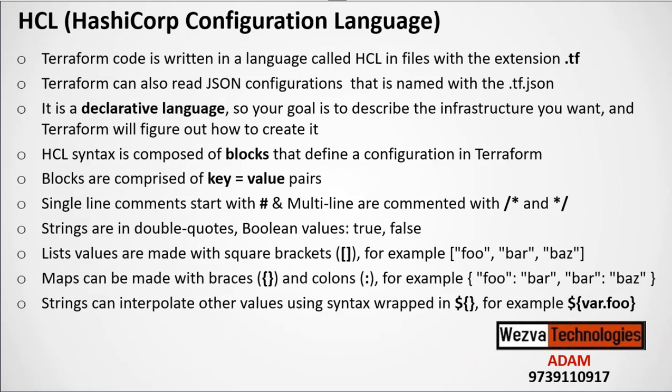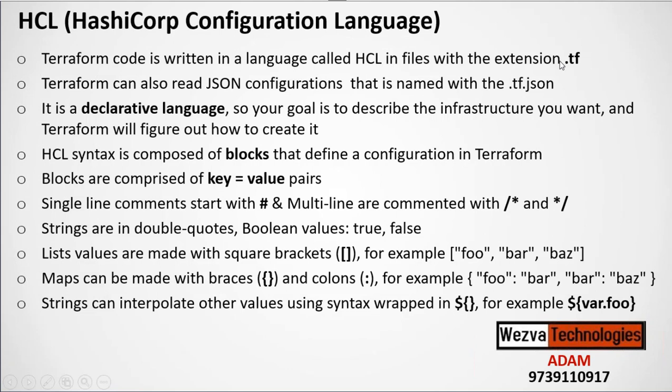Now in Terraform, going forward, if you're writing a file in the HashiCorp Configuration Language syntax, then you're going to end the file with .tf. Okay, so you can give any name, but make sure you're saving the file as .tf.